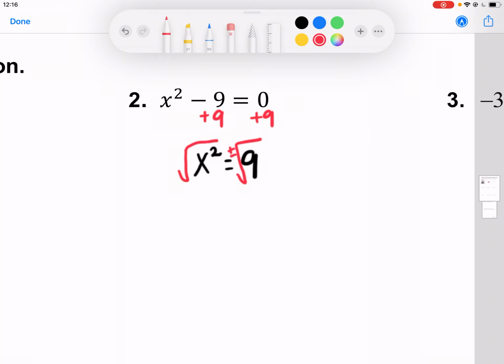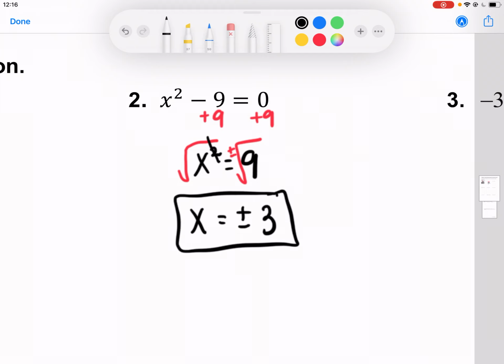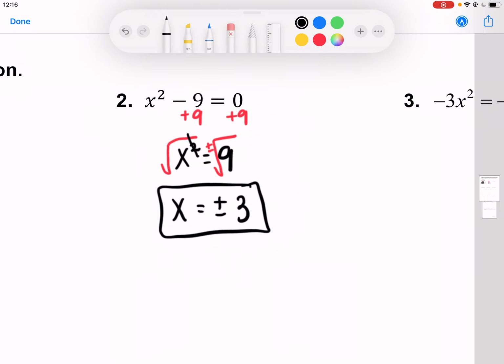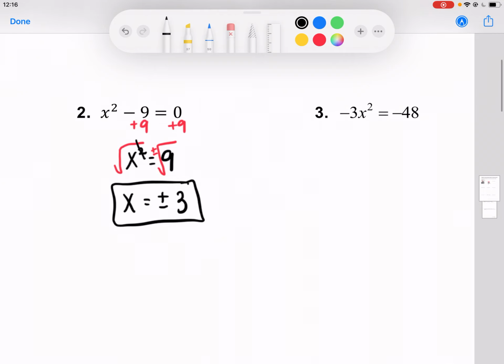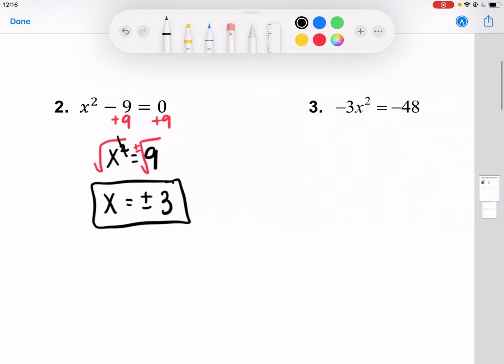And don't forget the little plus or minus in front. So these cancel out. You have x. And then you have a little plus or minus 3, because the square root of 9 is 3. And once again, you can write it as x equals 3 and x equals negative 3, or you can just keep it like this, which I like to because it's the shorthand.